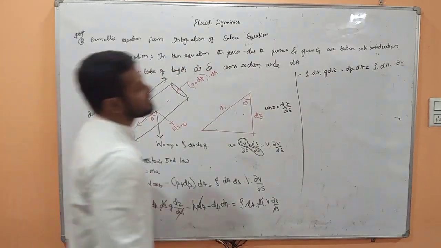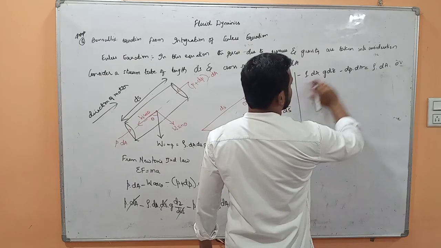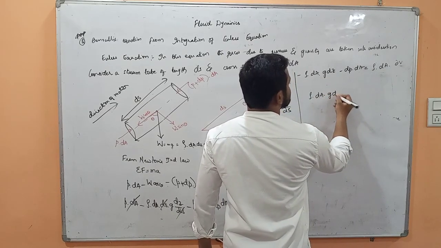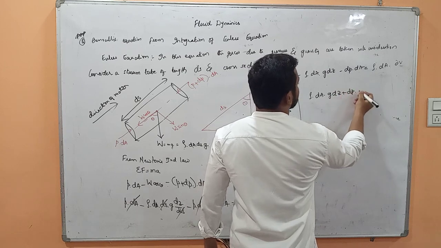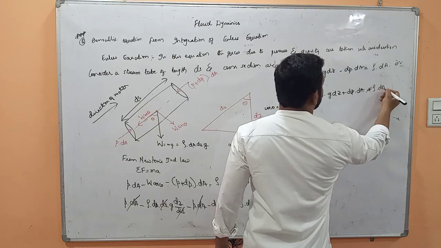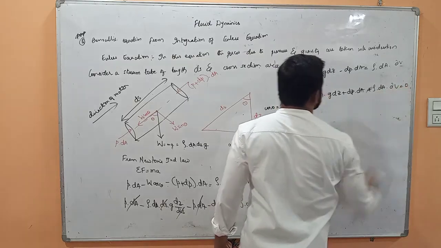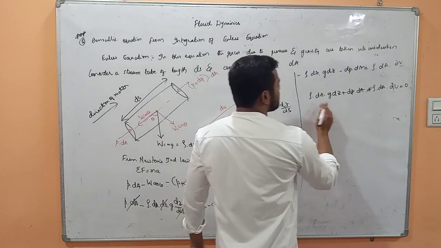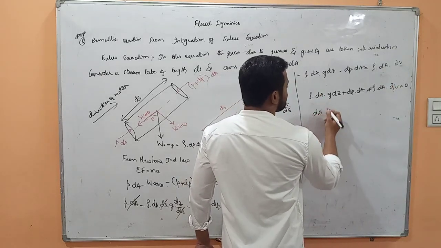Next, I can take these two terms to the other side, they become positive. So rho dA g dz plus dP dA plus rho dA V dV is equal to 0. We can use differentiation here, no need of partial differentiation. Next we take dA common, so what's remaining?